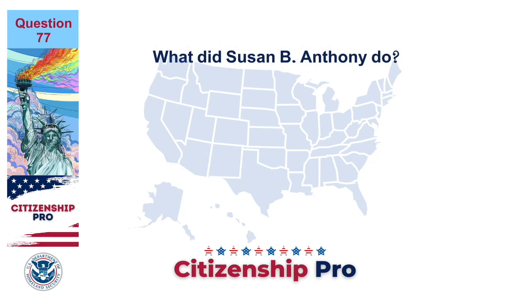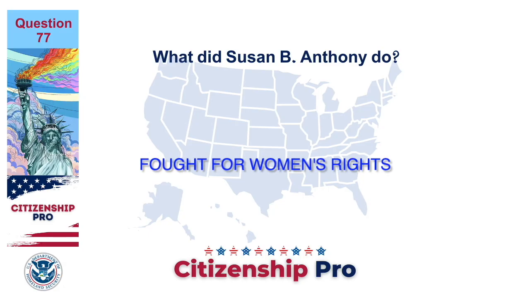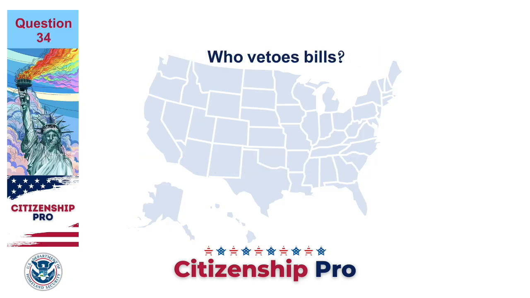What did Susan B. Anthony do? Fought for women's rights. Who vetoes bills? The President.